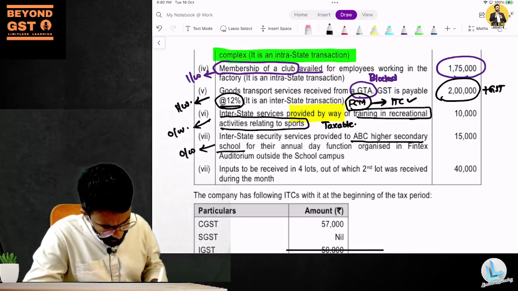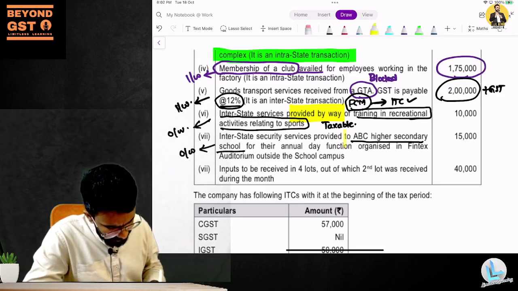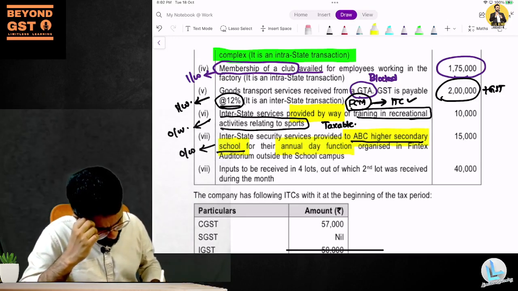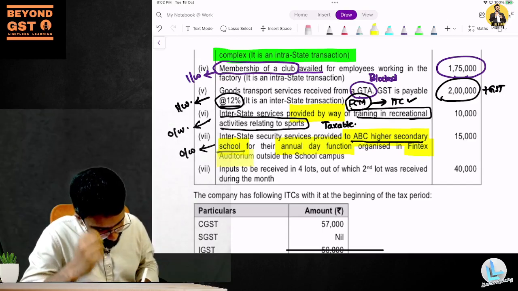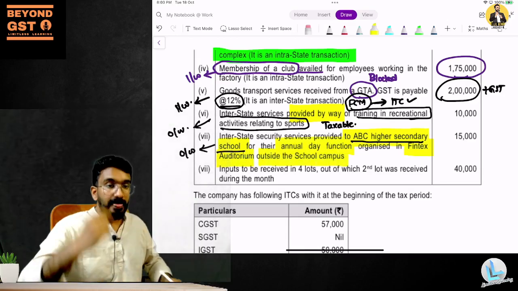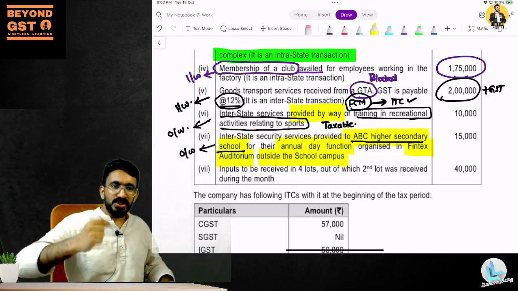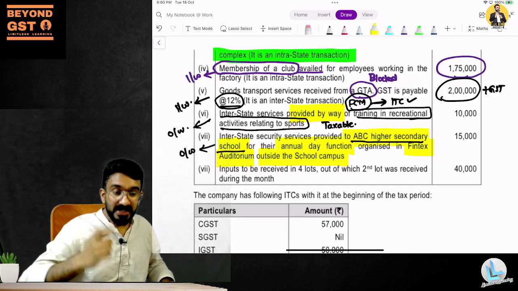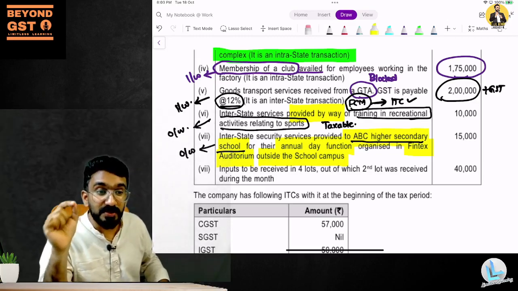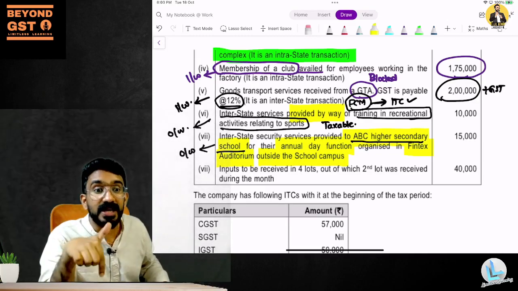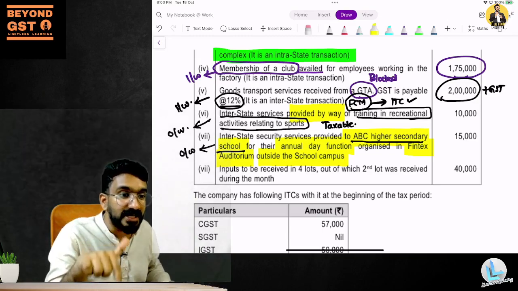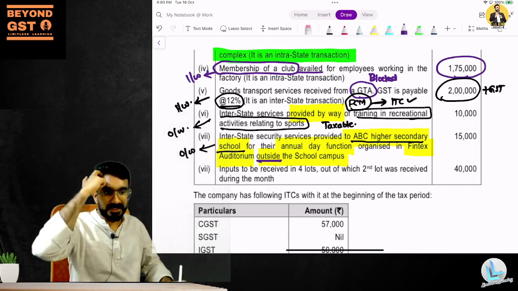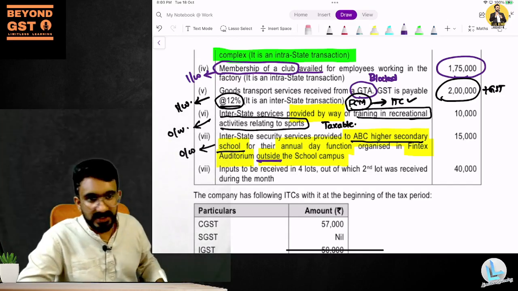Interstate security services provided to ABC High Secondary School for their annual day function organized in Fintech's auditorium outside school campus. Security, housekeeping, and cleaning services provided to the school are exempted. What is the condition? It should be provided in the premises of the school. Is it provided in the premises of the school? No, it's provided outside the school campus. So will I get exemption? No, this is taxable.